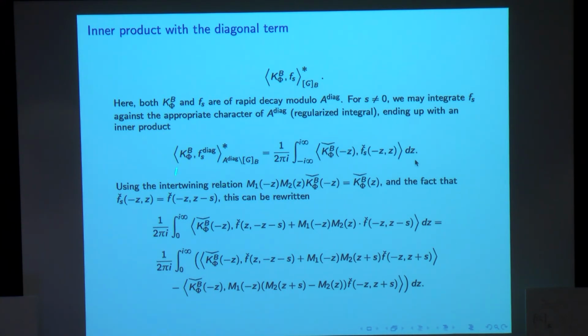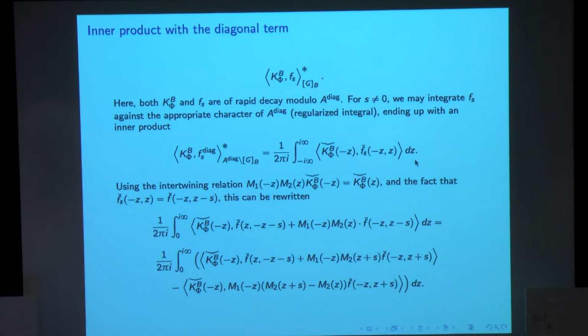Since one of them is essentially invariant under a diagonal, we can also make the other one this way. And then modulo the diagonal, both are of rapid decay. So the only thing that you see is a continuous integral of the corresponding Mellin transforms. And then when you start analyzing this integral, you use the intertwining relation. What is the Mellin transform of the kernel function?